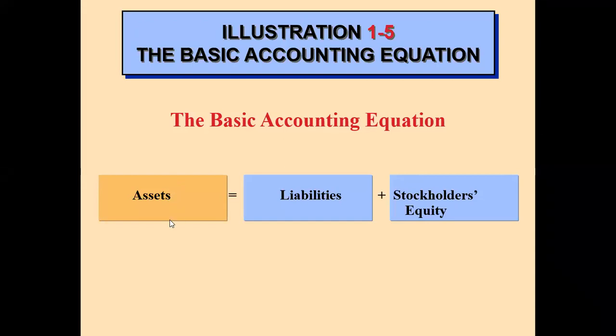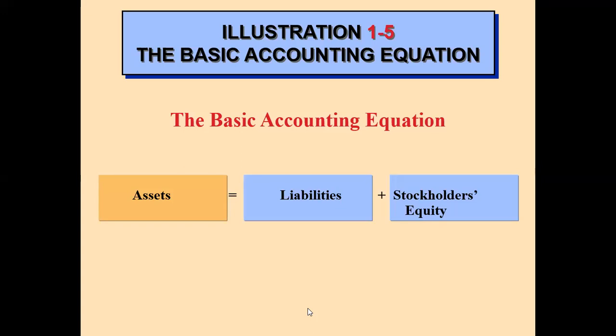Here we are saying that if 1000 increases on this side, then to make the equation equal I have to increase on the other side too. And in the same way, if 1000 is deducted from the asset side, then for making the equation equal, the same amount must be deducted from the liabilities and stockholder equity side. Then our equation will be equal.